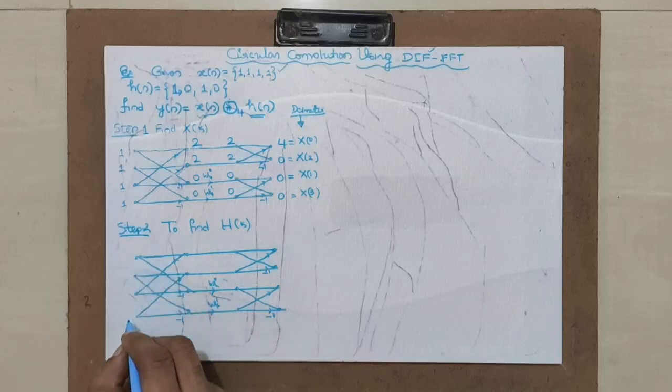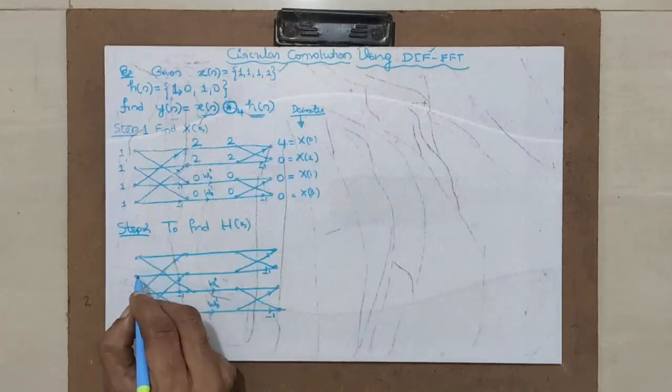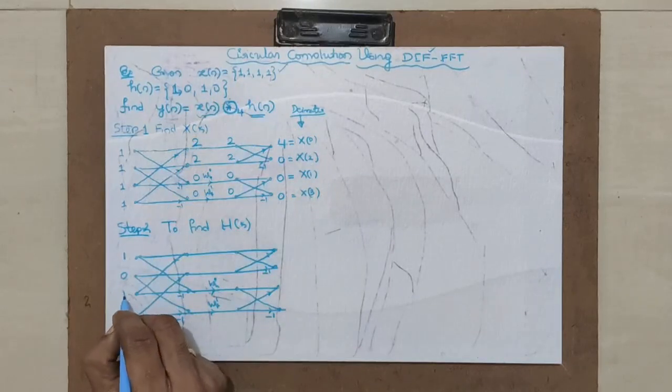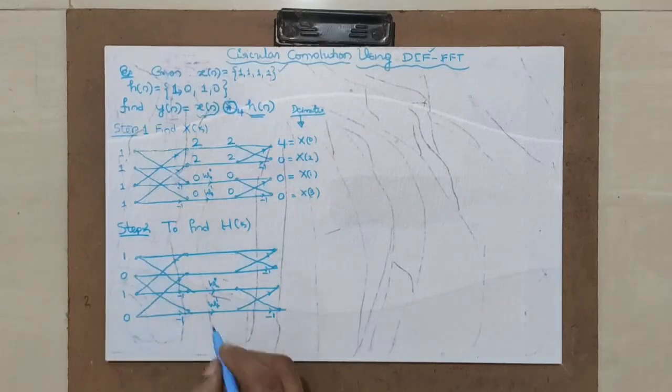Now here serial, it is given as 1 0 1 0, correct?